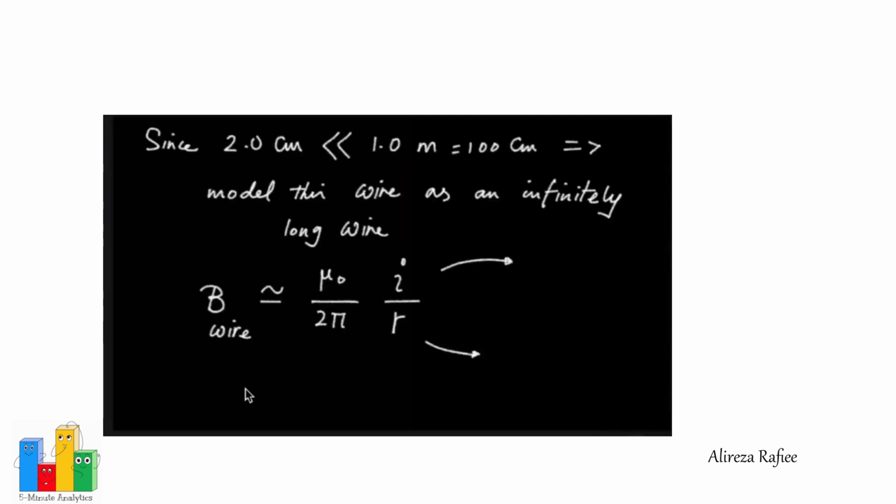So let me just repeat the equation here. I will have the magnetic field of the wire equal to mu0, the permeability of the vacuum. Permeability of the vacuum is 4 pi times 10 to the power minus 7 Tesla meter per A, divided by 2 pi times current in amp divided by radius in meters.